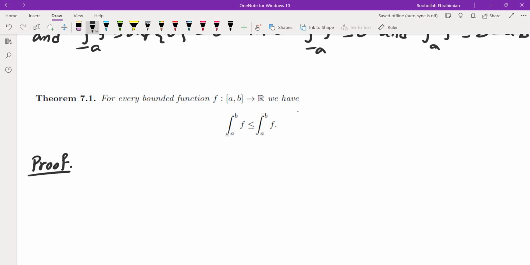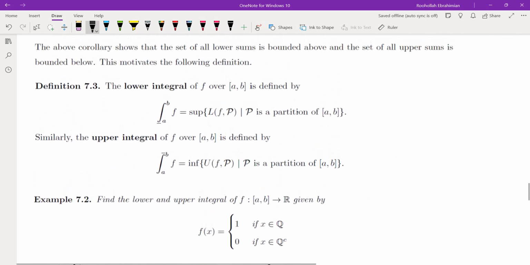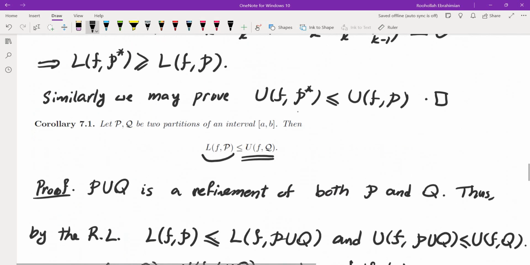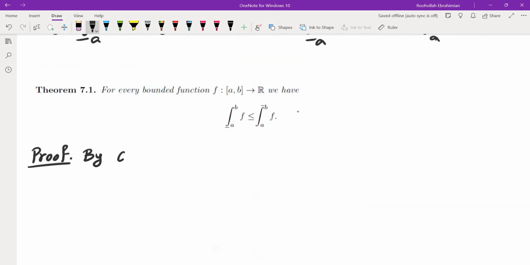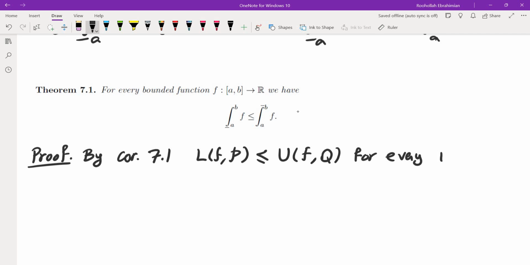So we know that by corollary 7.1, the lower sum is always less than or equal to the upper sum for every two partitions of [a, b].